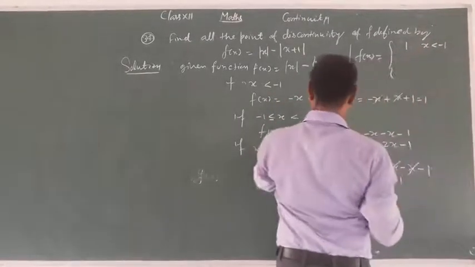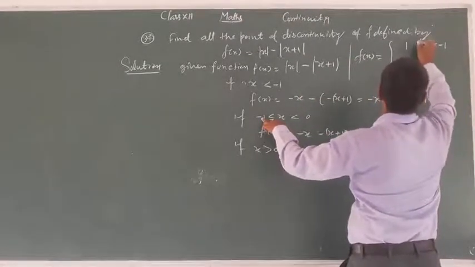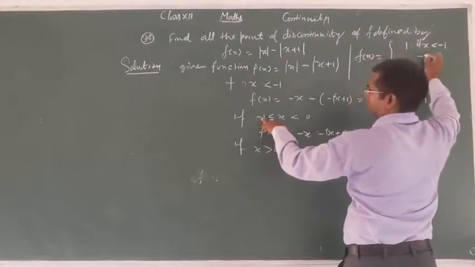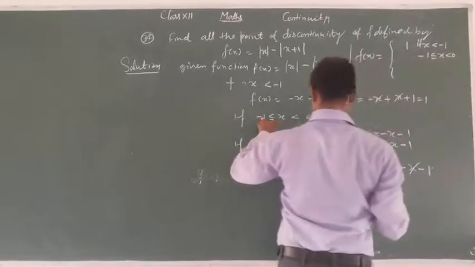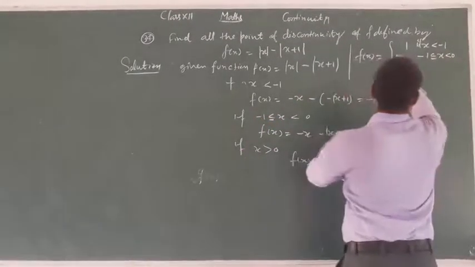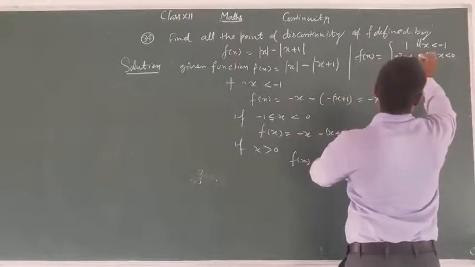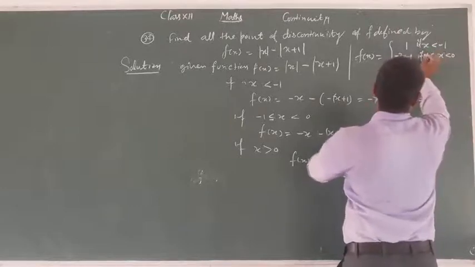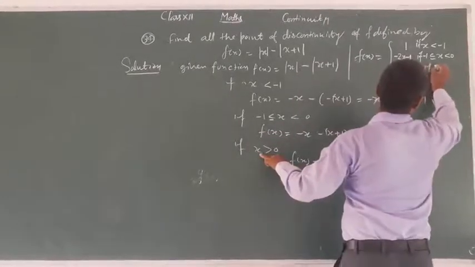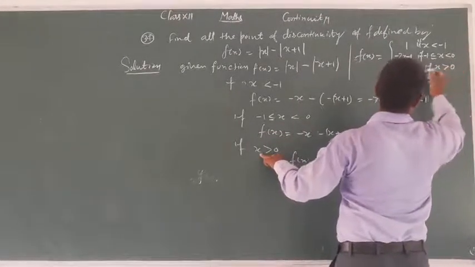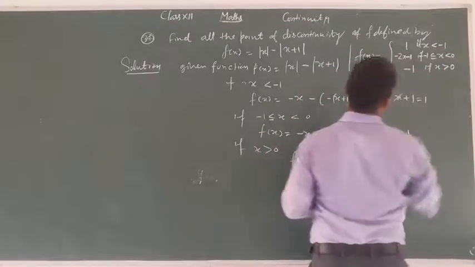And if minus 1 less than or equal to x less than 0, the value of f(x) is equal to minus 2x minus 1. And also if x greater than 0, then the value of f(x) is equal to minus 1.